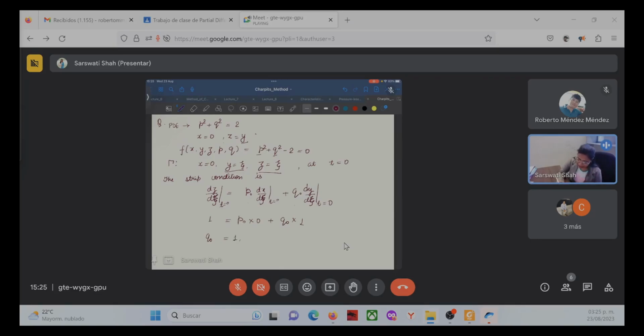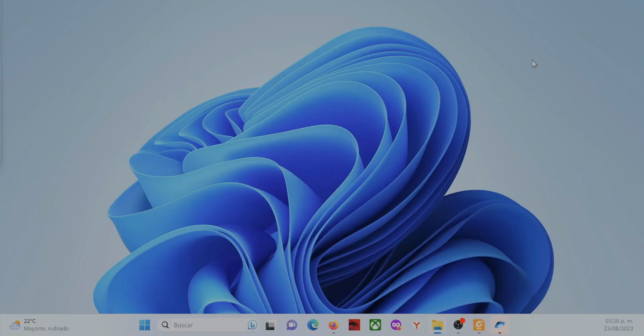Now using this q naught equals 1 in this equation, we will get the value of p naught. So p naught square plus q naught square, which is 1, equals 2, that is p naught square equals 2 minus 1 equals 1. So p naught is plus minus 1. So we have two strip conditions. Earlier in the problem we were so lucky that we got only one strip condition, but here we are getting two.